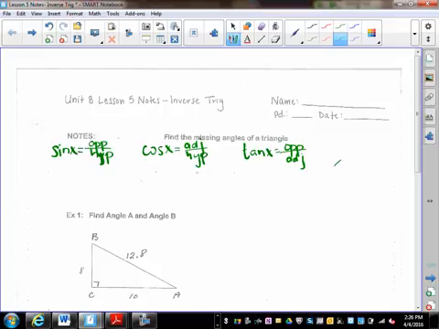So I'm just going to make up a problem. Say that I had this. X is my angle there. Okay, so go ahead and draw this example.